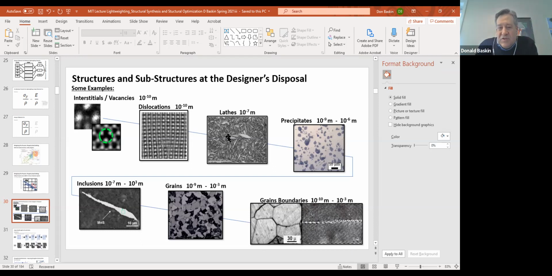It's a very strong, not necessarily tough, but strong material. The systems we talked about were these laths in martensite, precipitates, inclusions, grains, and grain boundaries. These are all material subsystems that we can engineer or put together in different combinations to engineer a material that has a higher strength to density ratio.